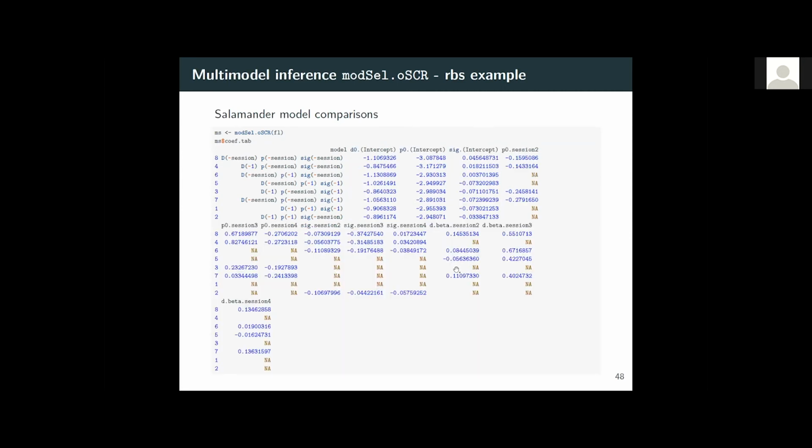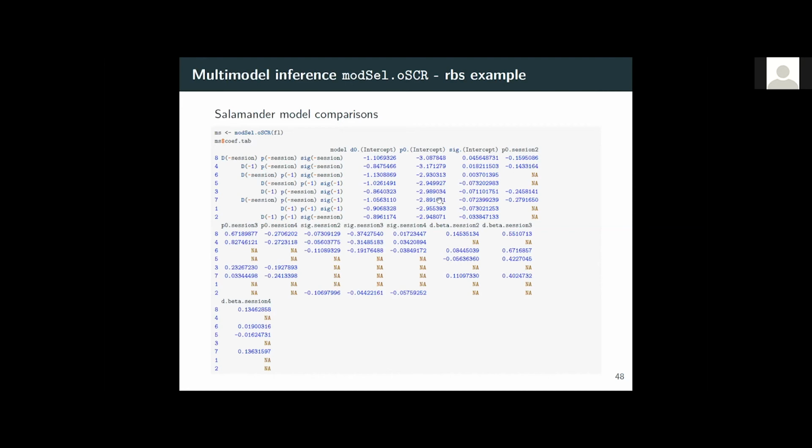And you also get this really nice table of coefficients. Each column is one of the parameters that were fit in any of the models, so every parameter that was estimated in your model set has a column here. Each row is a model, and the cells are filled with the parameter values.